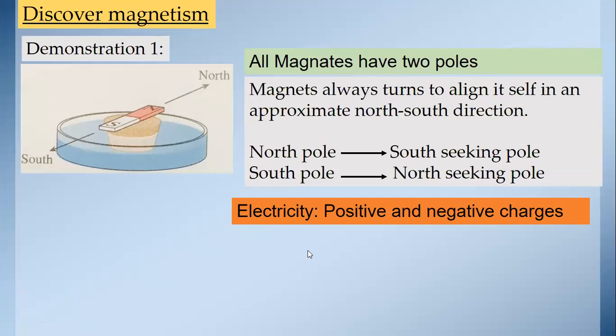Okay, this is a demonstration that I would do in class if you were there. You can easily make a compass using a metal piece: take a metal piece and rub it on a magnet to magnetize it. In any magnet, there are two poles. Remember in electricity, we learned about positive and negative charges, which we can separate.